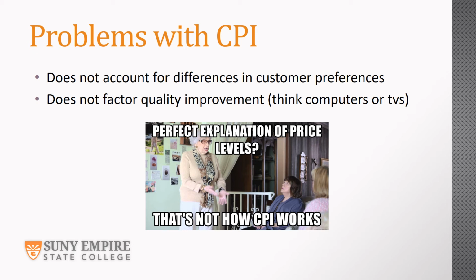Now, think about a $200 television from 10 years ago. That would have been a 36-inch tube television. They are not comparable, but in the calculation of the basket of goods, they are listed as the same. While there are some problems with the CPI, it is an effective measure overall.